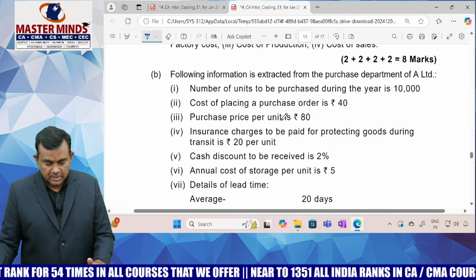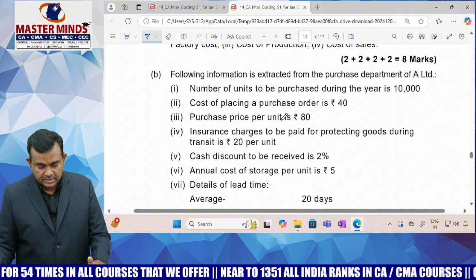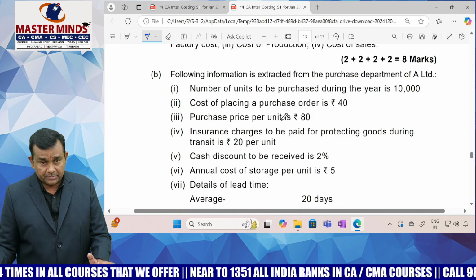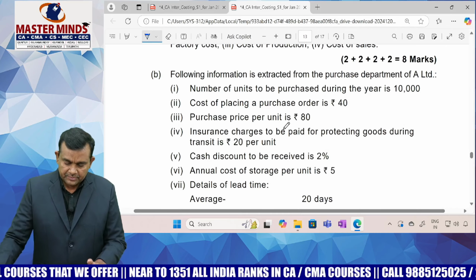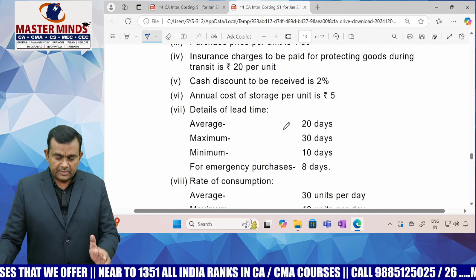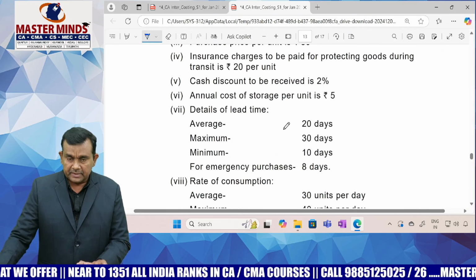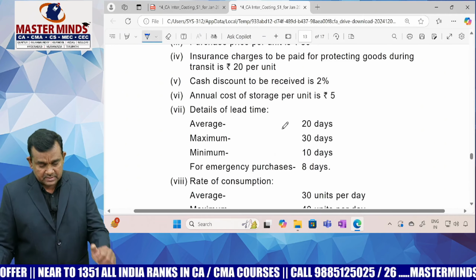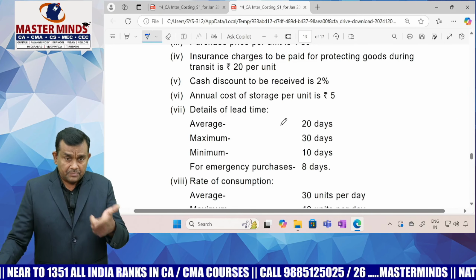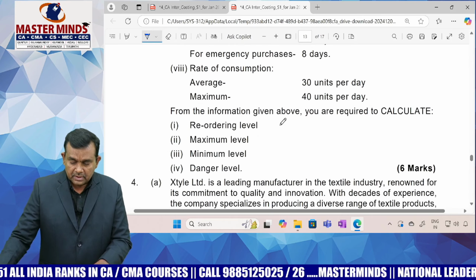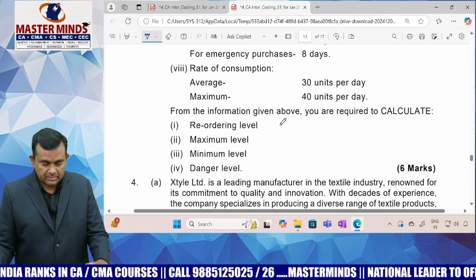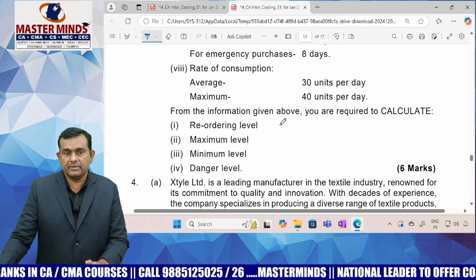Cash discount to be received is 2%, that is a pure non-operating income. Next, the annual cost of storage per unit is 5 rupees. Next, the average lead time, maximum lead time, minimum lead time. Here lead time is expressed in days, therefore consumption per day is considered. Next, the rate of consumption is directly given. So you should calculate reorder level, maximum level, minimum level, danger level.